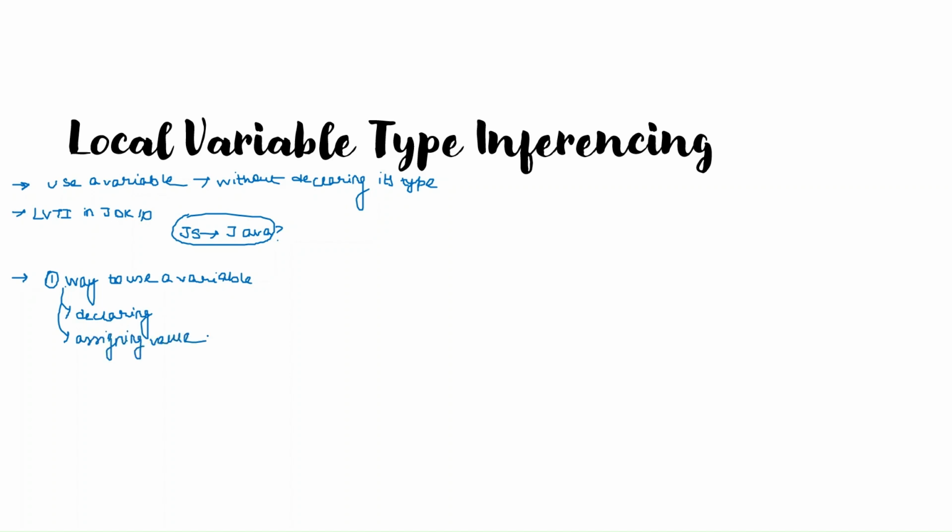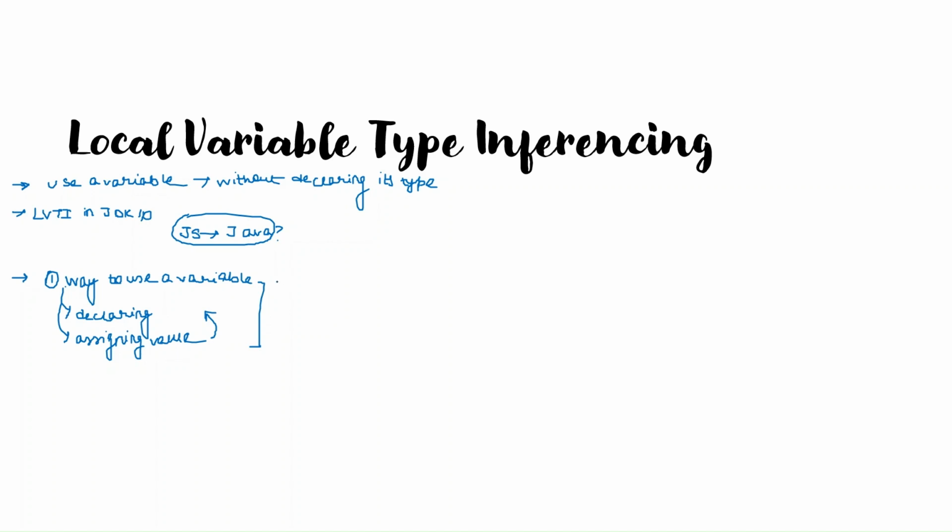This was the only way we could use a variable. And the assigned value should be of the declared type. It should match the data type with which the variable was declared.